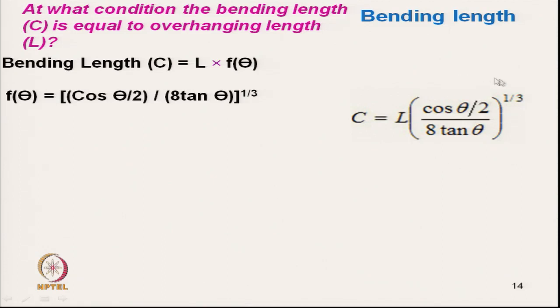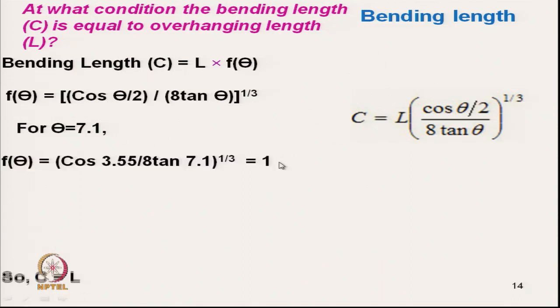The function of theta, cos(theta/2) divided by 8 tan theta, to the power 1/3, if it is 1 for a certain value of theta, then c equals L. For theta equal to 7.1 degree we get this value, so c equals L can be achieved at theta equal to 7.1.